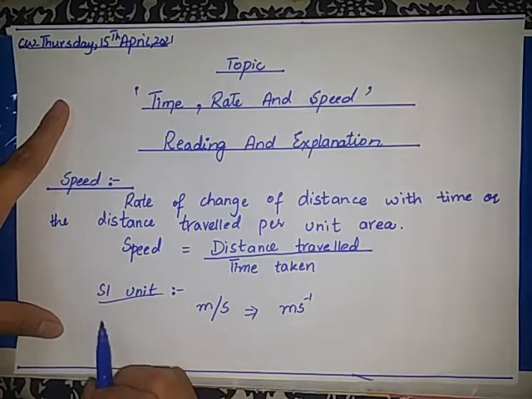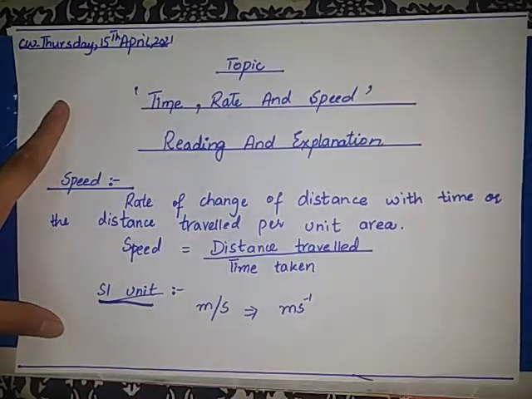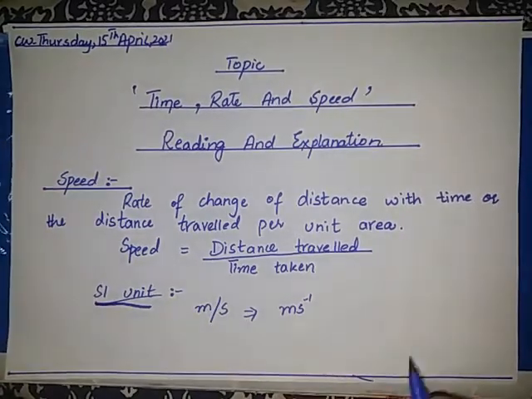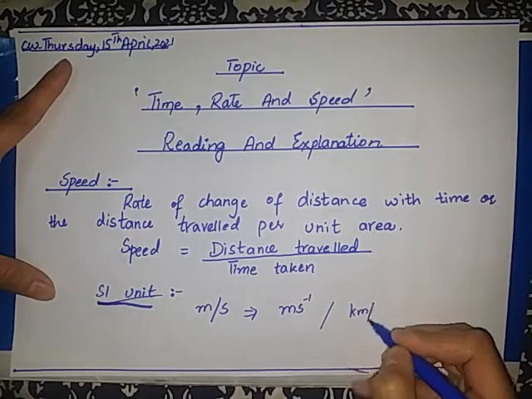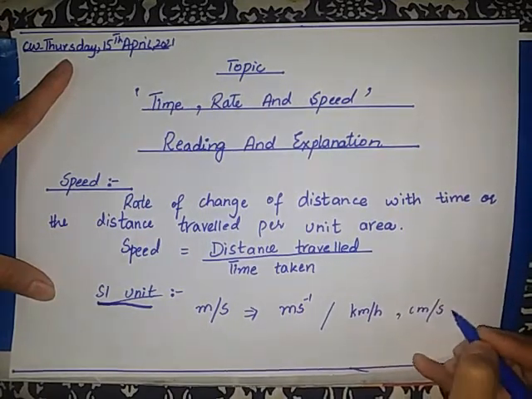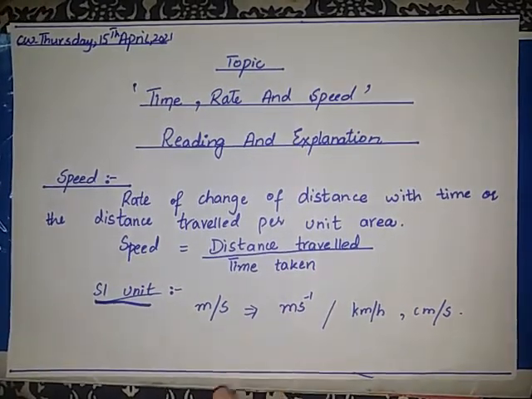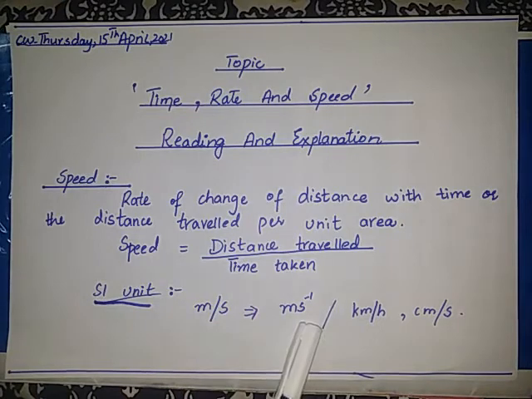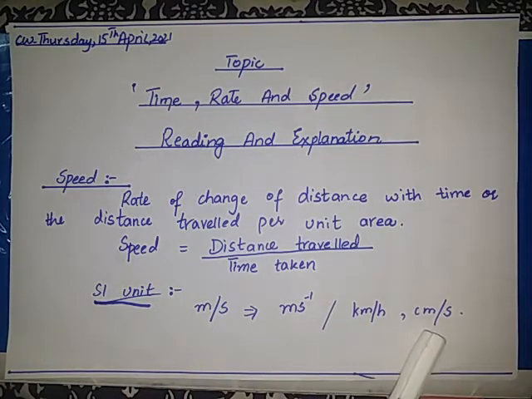So the SI unit of speed is ms minus 1, meter per second. Other common units of speed are kilometer per hour or centimeter per second. So these are some units of speed.